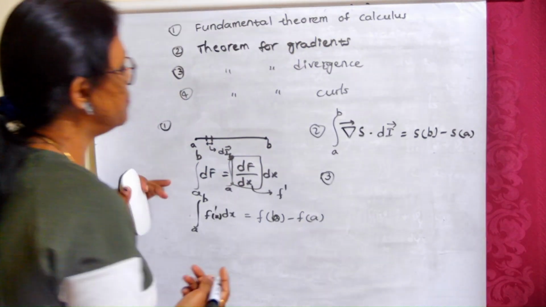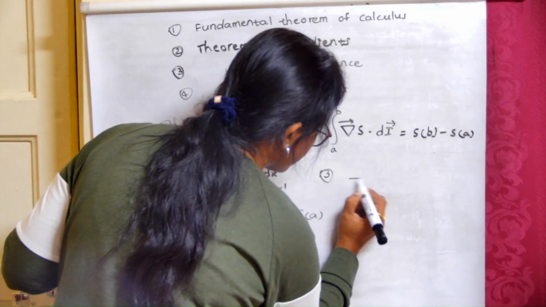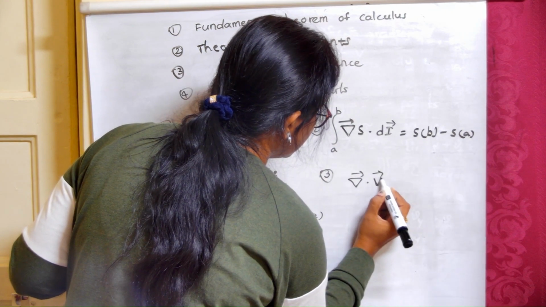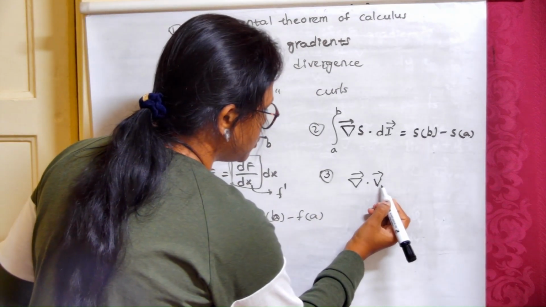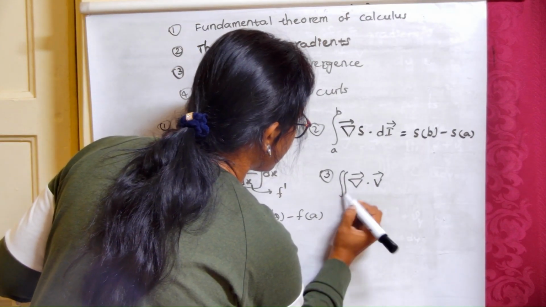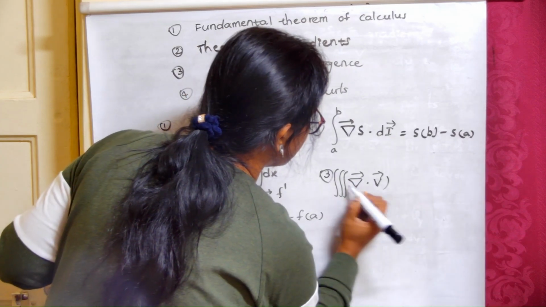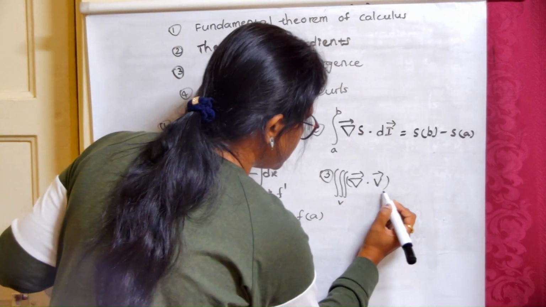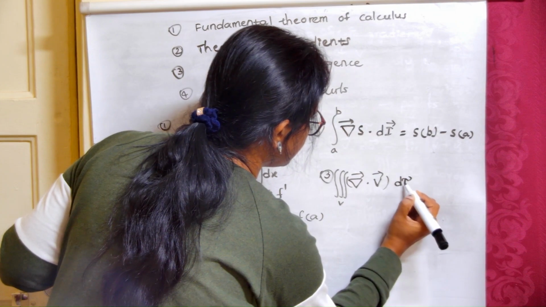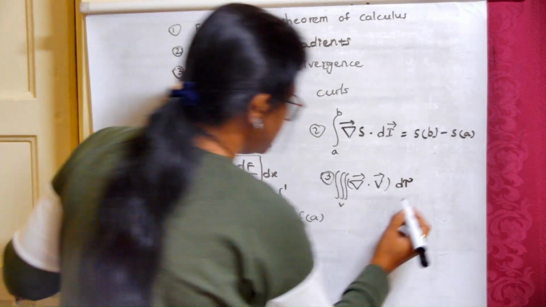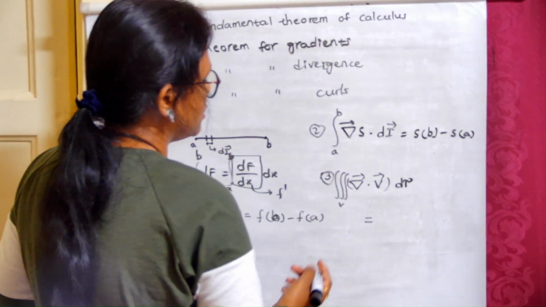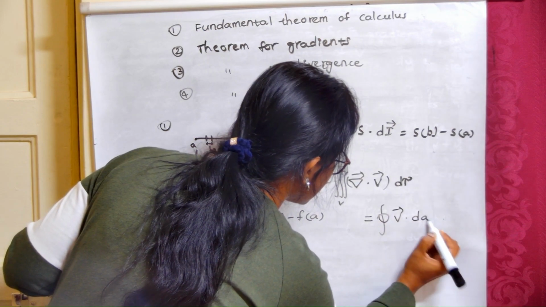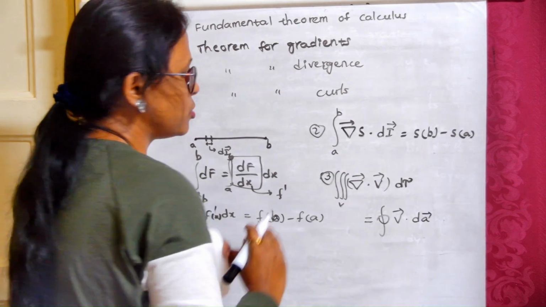Then coming to the theorem of divergence, if we have a vector field denoted by v bar and this is the divergence of the vector field, the volume integral of this divergence with respect to a small infinitesimal volume element is equal to the value of the function across an infinitesimal surface area enclosing that volume.